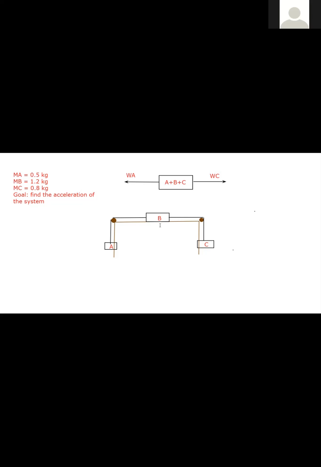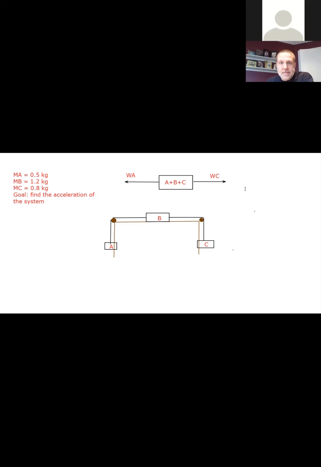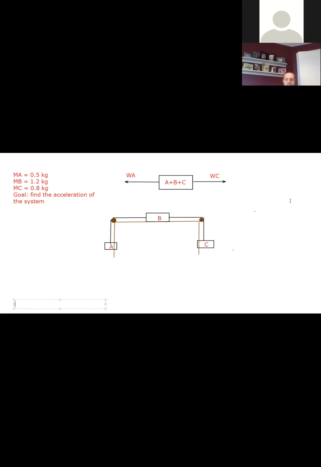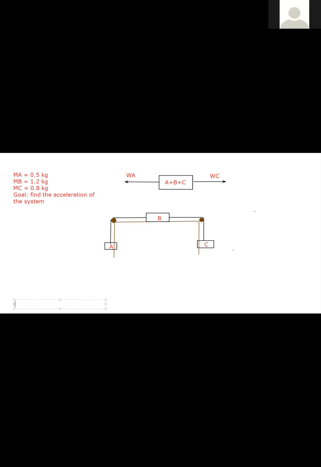Now that you have the free body diagram, is there anybody that has a question on the free body diagram? All right, at your seats, solve for the acceleration. All right, that's more than half of you now. So we had WA, WC. We're going to write it out just like we would.